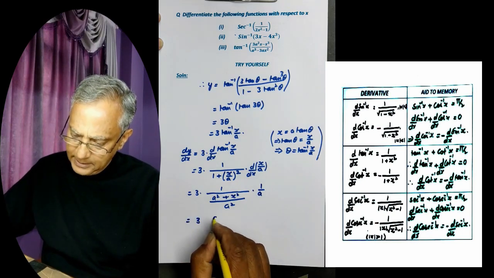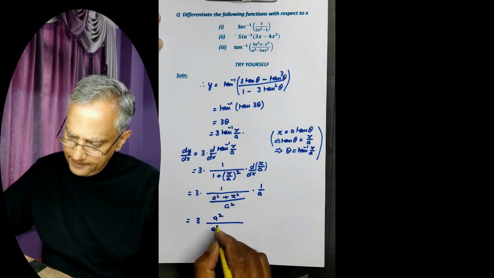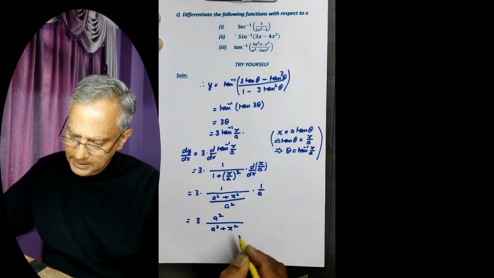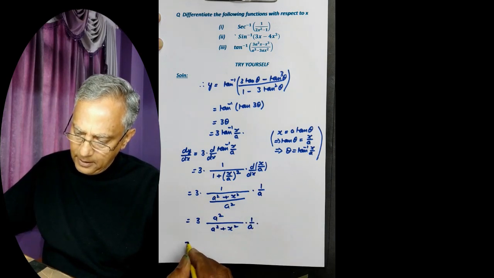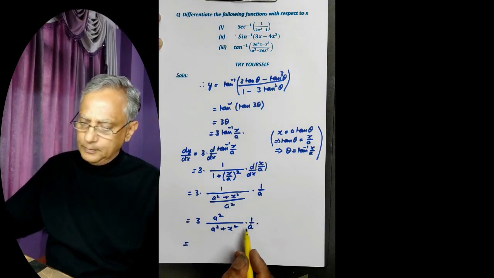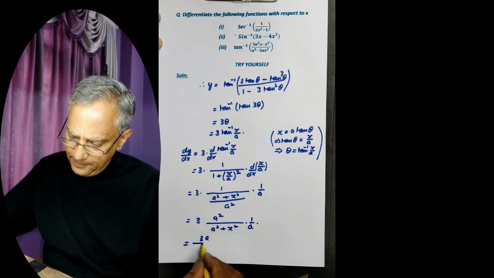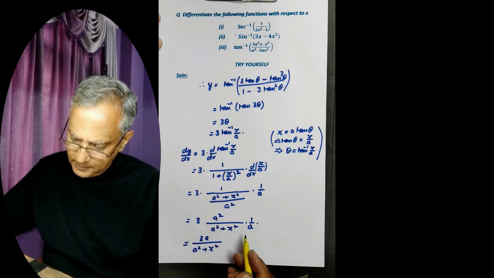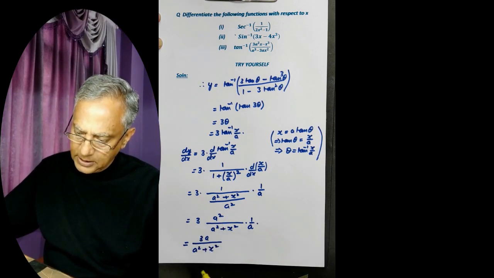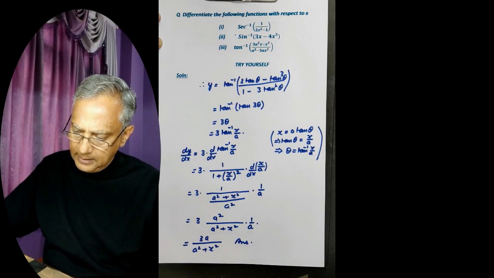So what we get is 3a square whole divided by a square plus x square into 1 by a, and this is equal to, a cancels with a, and we get 3a divided by a square plus x square. This is the answer.